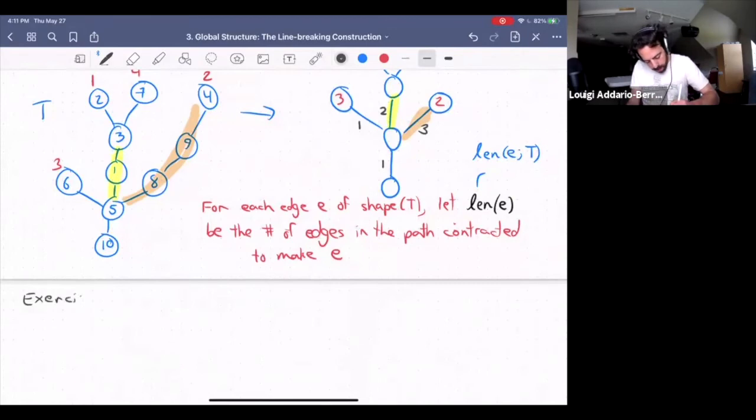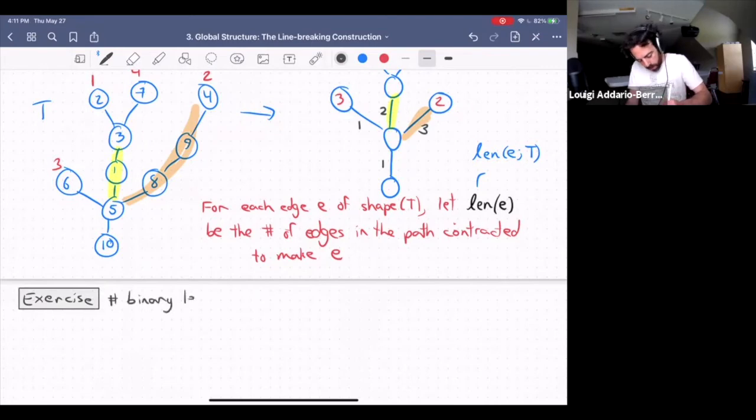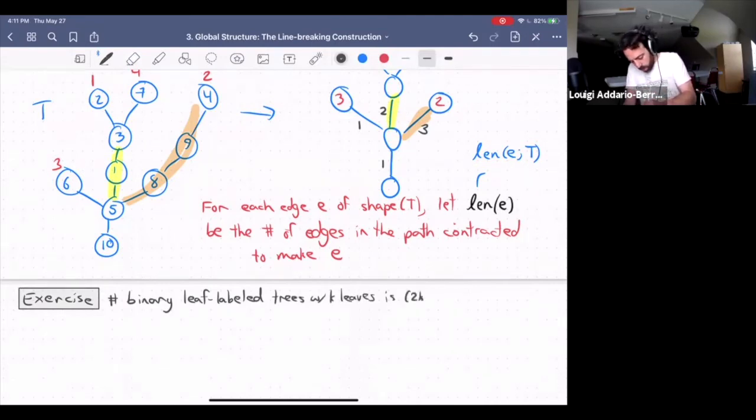But before I do that, let me leave you with an exercise. This is one of the exercises in the notes. It's not hard. The number of binary leaf labeled trees with K leaves is 2k minus 3 double factorial.